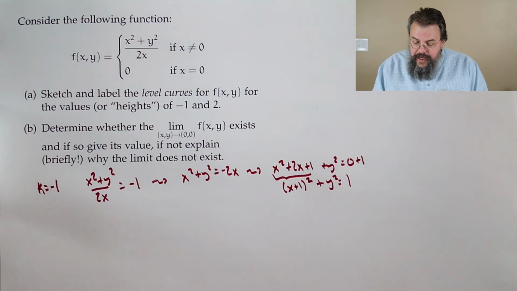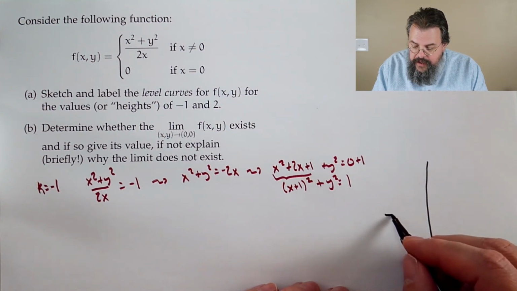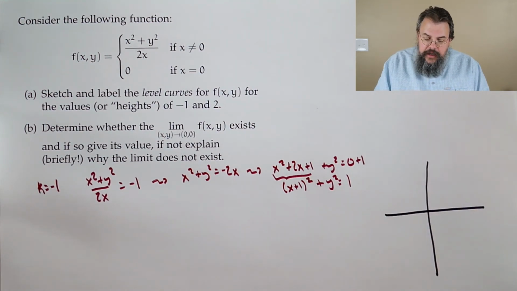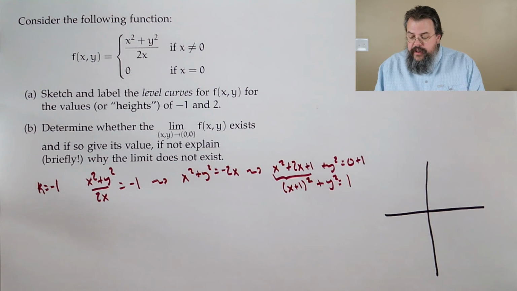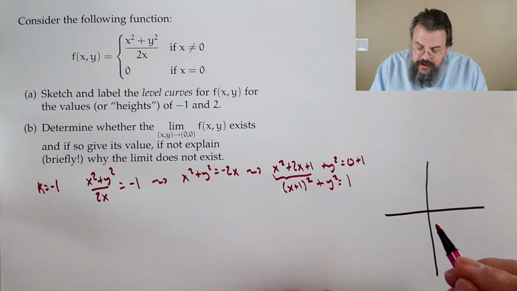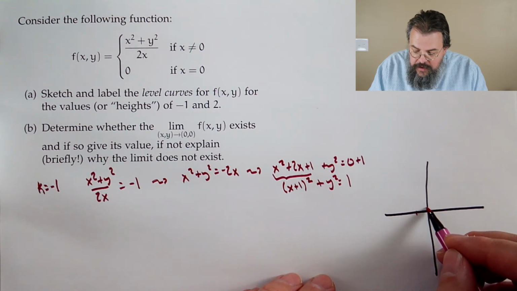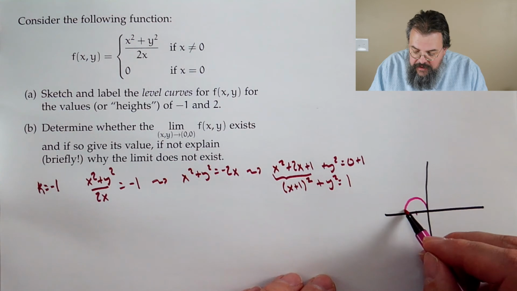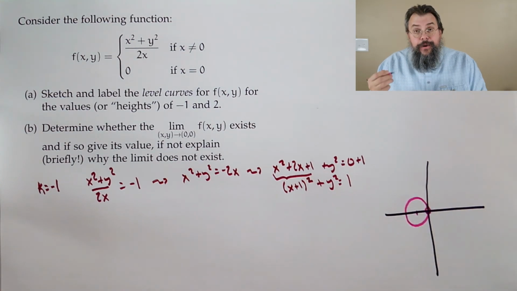Well, if we sketch, we'll get the following. We see this has a center at (-1, 0), radius of 1. So if this is at -1, 0, it would look like this. Except, of course, we don't include the origin.